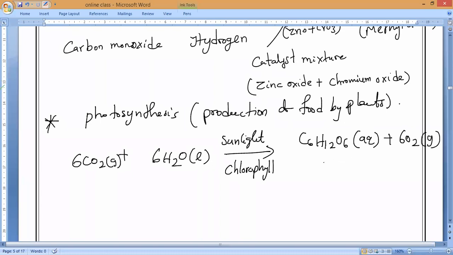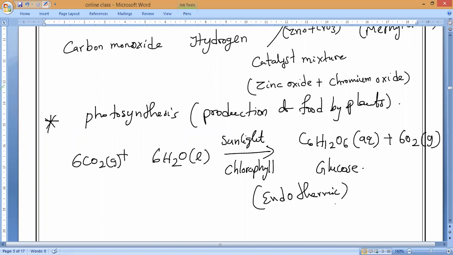This is what we call glucose. Clear, everyone? So this is the photosynthesis reaction. Exothermic or endothermic? Endothermic. Wherever heat is required, those are endothermic reactions.